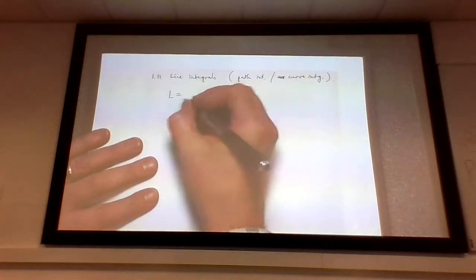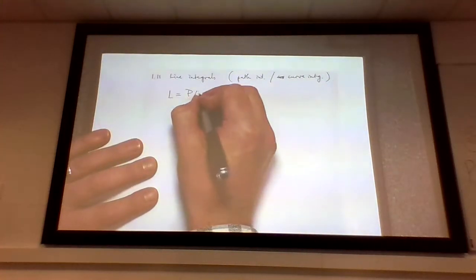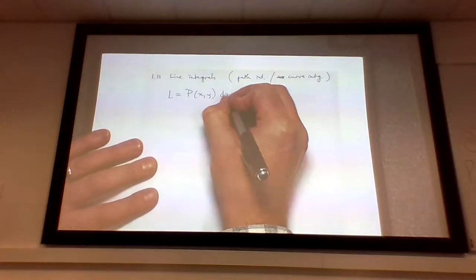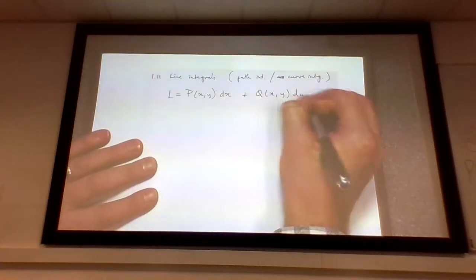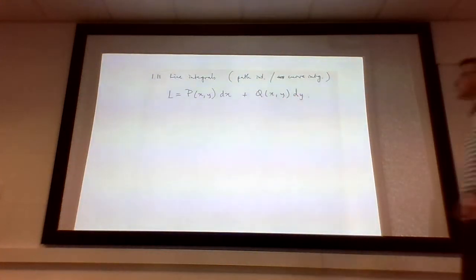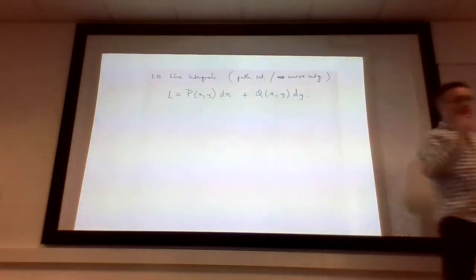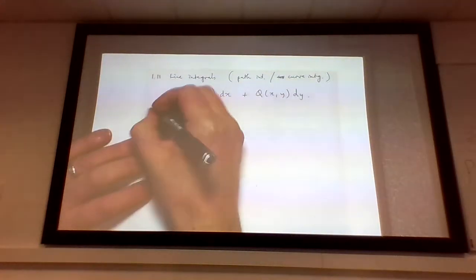Okay, so an object like this, which is a combination of the differentials dx and dy, multiplied by two functions of the two variables x and y, is called a linear differential form.